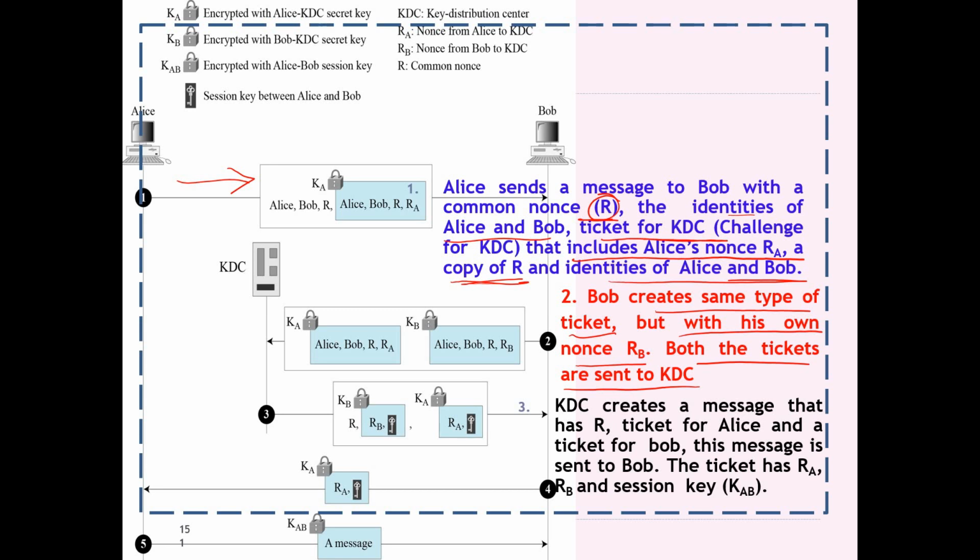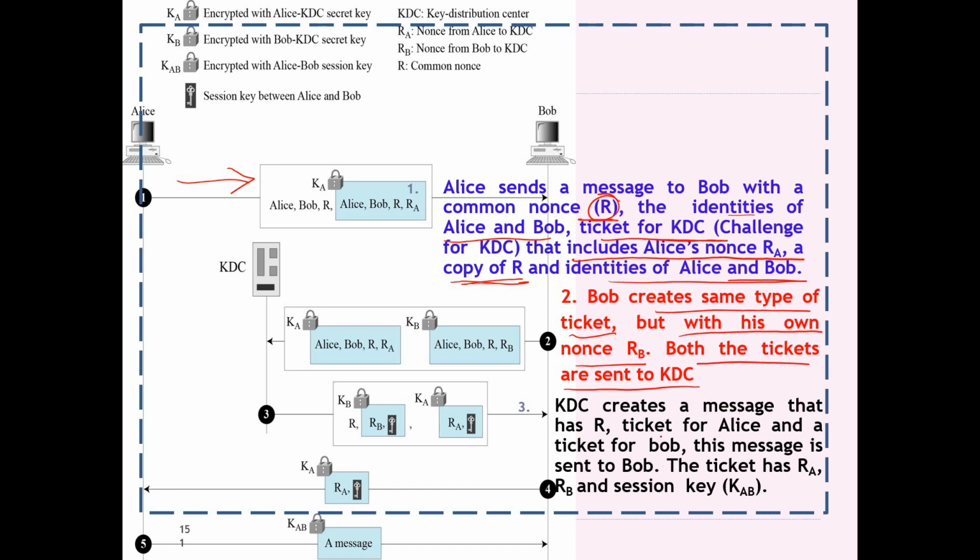So one ticket is sent to KDC by Alice and the other ticket is sent from Bob. So both ways it is transmitting. In the earlier case, it was only one way. Alice was sending, Bob was receiving, but here Bob is also sending one of the tickets over here.